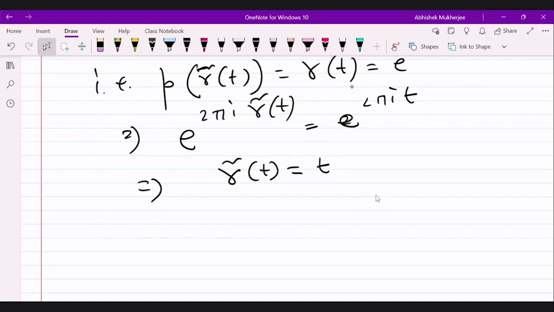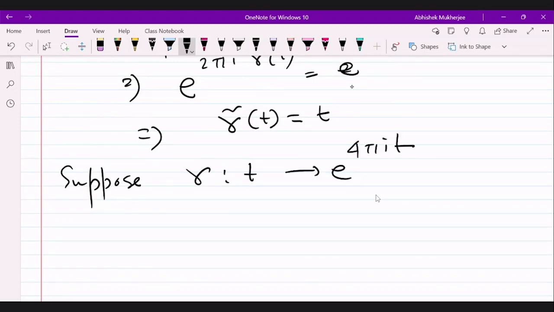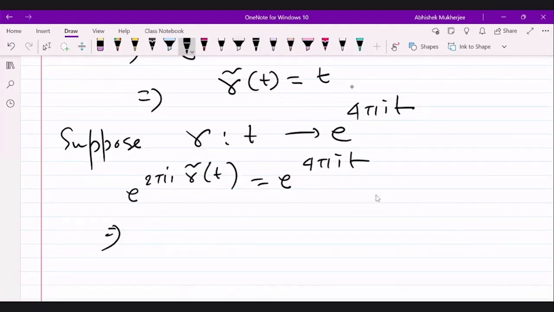Suppose you take the path which is wrapping the circle twice. So suppose you take gamma as t goes to e to the power 4 pi i t. Then your e to the power 2 pi i gamma tilde t should be equal to e to the power 4 pi i t, right? So therefore, this gamma tilde t must be what? Twice t.